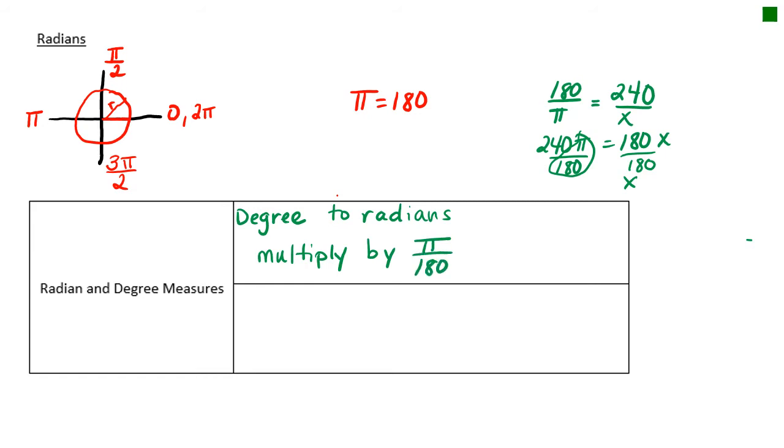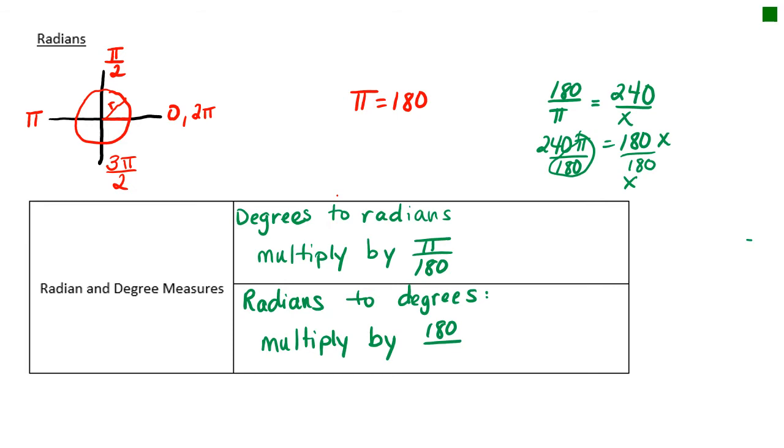And vice versa, if we want to go from radians to degrees, we do the inverse, which is multiply by the reciprocal, 180 over pi.